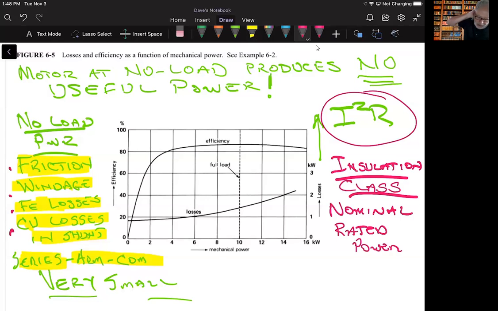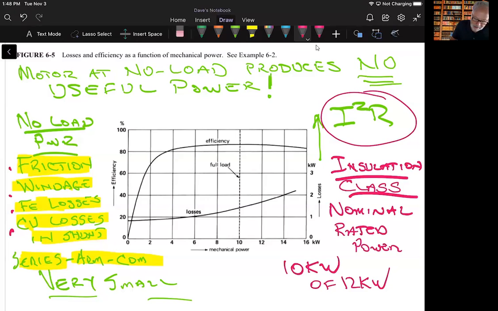If a machine runs intermittently, it can carry particular overloads without overheating if the operating time is short. So maybe a 10 kilowatt motor can readily carry a load of, say, 12 kilowatts, as long as it's for a very short period of time. For higher loads, the capacity is limited by other factors, usually electrical.